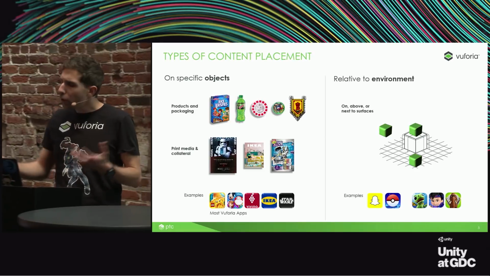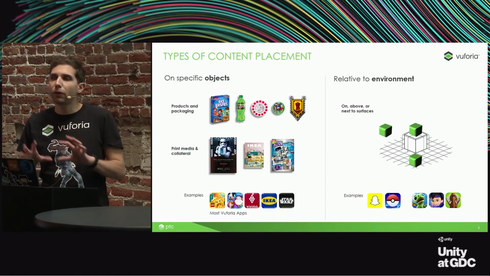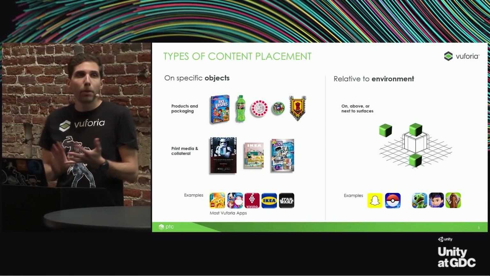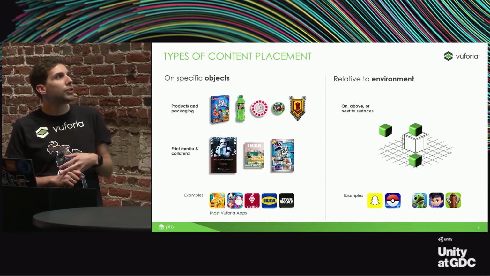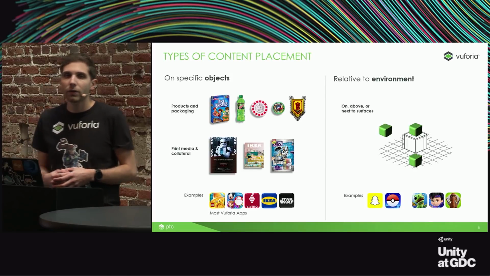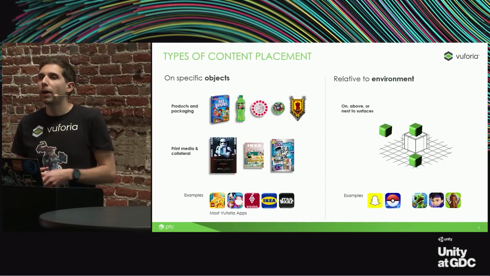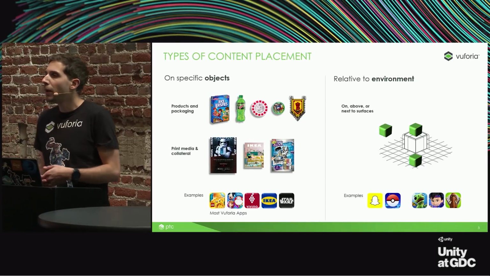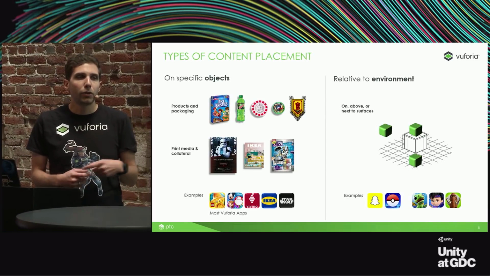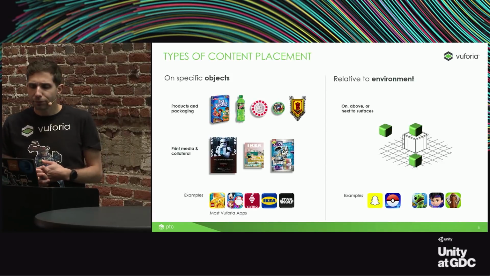So Vuforia, when we think about putting content into the real world, we think about putting content into two different types of places. We think about putting content onto objects. So that's things like books and posters, catalogs, toys, bottles, packaging, machinery, industrial equipment, any kind of physical object that you want to put content on top of, whether they're instructions, whether they're gameplay mechanics, or any sort of creative take on the content and the objects.